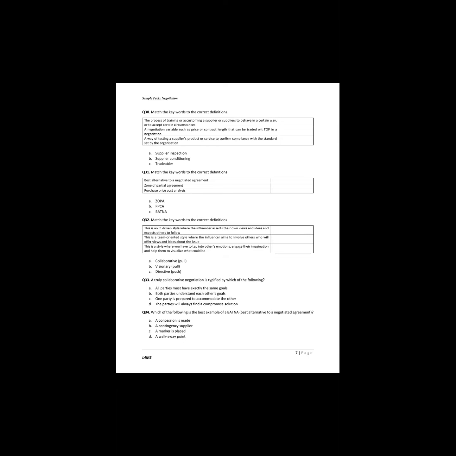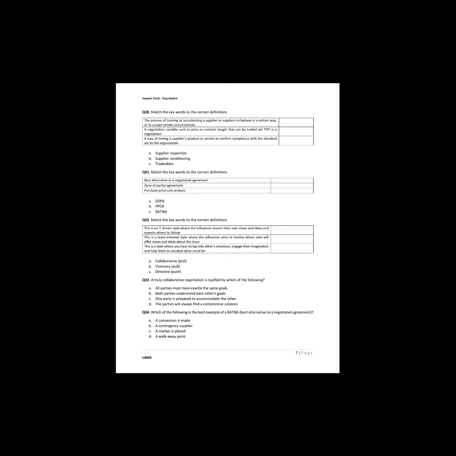So it could be a contingency supplier or a contingency buyer. A supplier could also have a plan B. If you are not buying at that price, there is another buyer who is willing to buy at a higher price, so he will sell it to that buyer. So either a supplier or buyer would have a contingency supplier or contingency buyer.